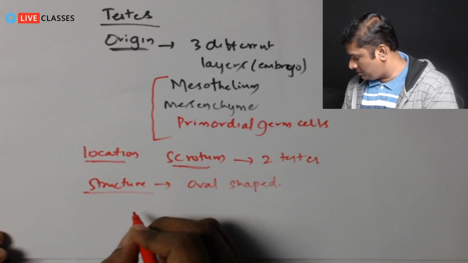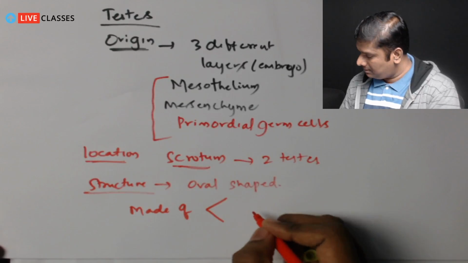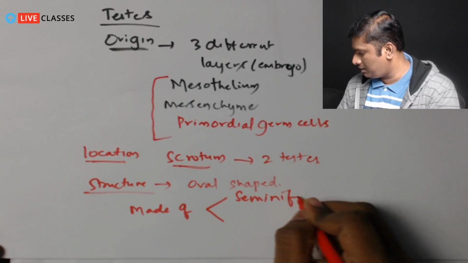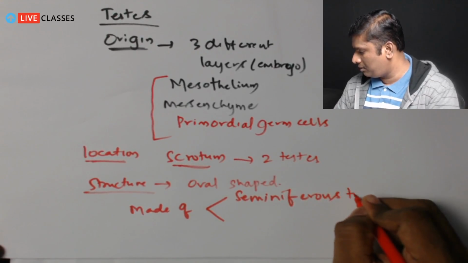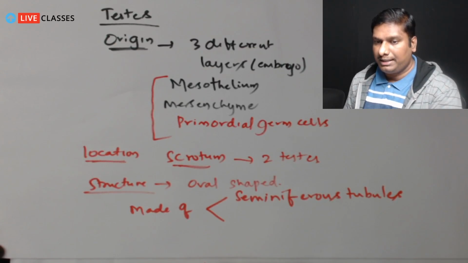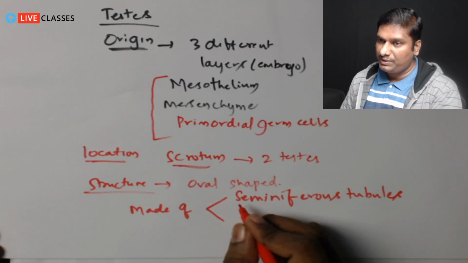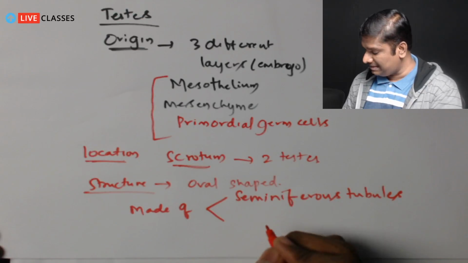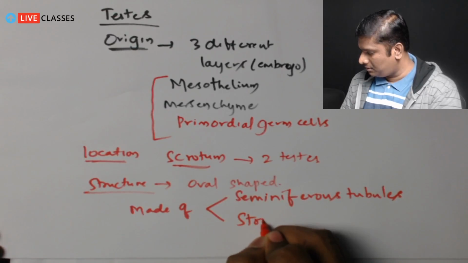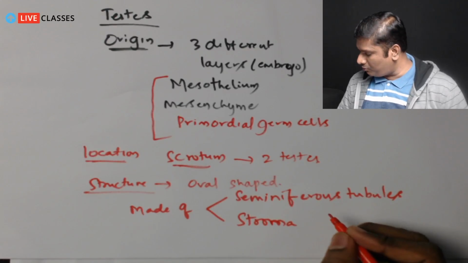One is the seminiferous tubules, and the other is a connective tissue present around the seminiferous tubules, which we call the stroma or stromal tissue.